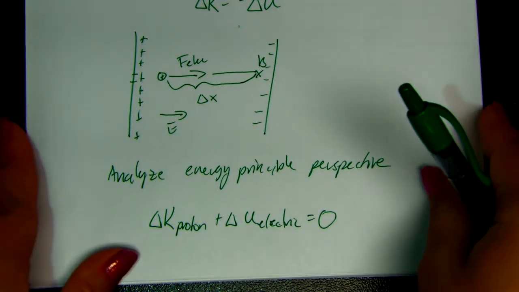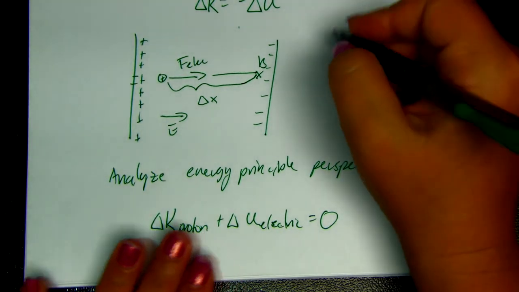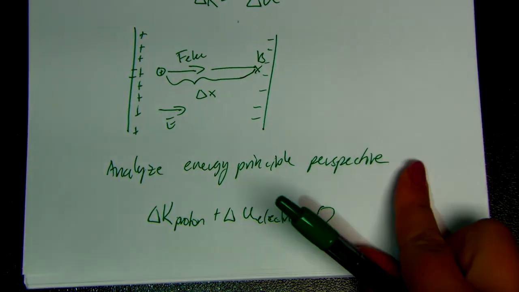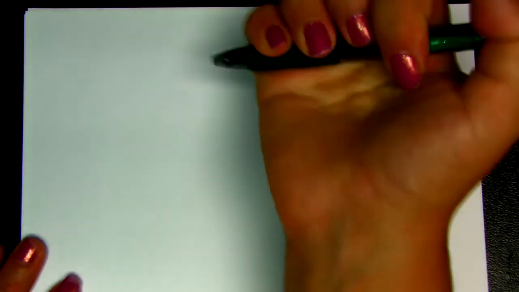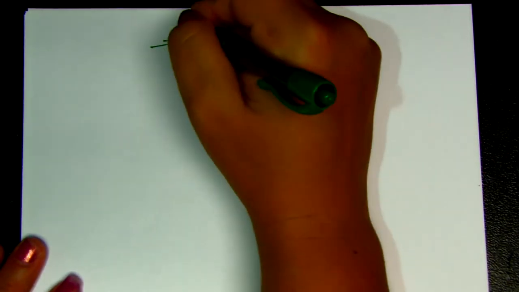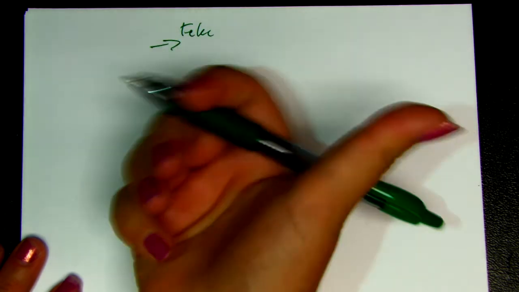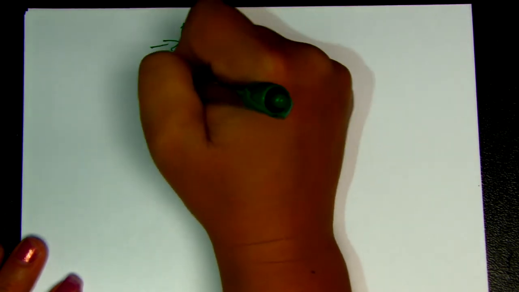Okay, so for this particular setup, let's keep new paper. As we just said, the proton's going to accelerate. Also, the force electric is to the right, and delta X is also to the right, so that's another check.